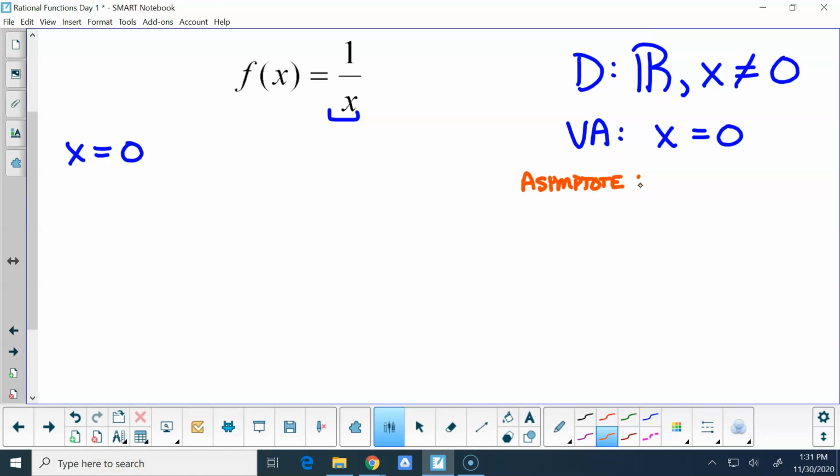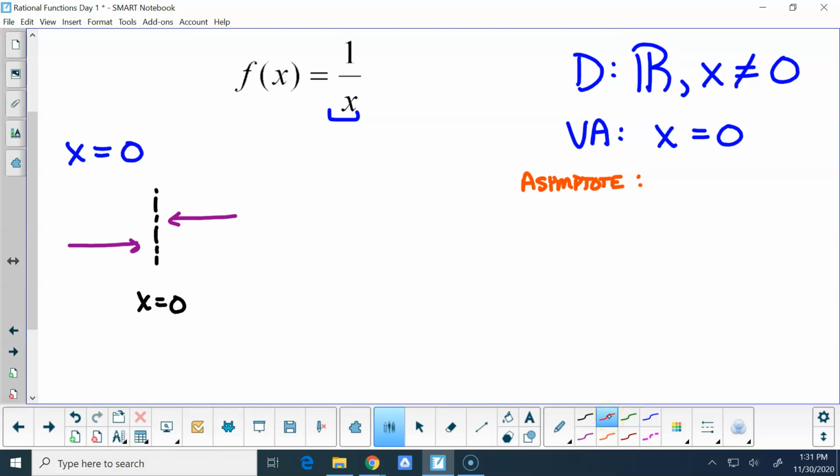We've got an asymptote at x equals 0. We need to figure out what the function is doing as I come from the left towards x equals 0 and as I come from the right towards 0. So we need to get closer and closer to 0 on both sides.